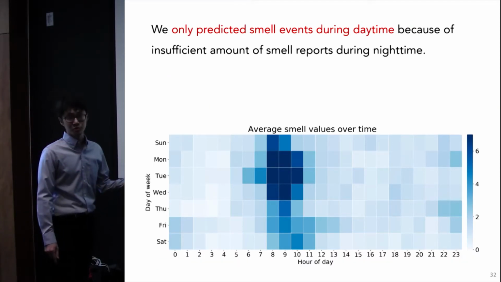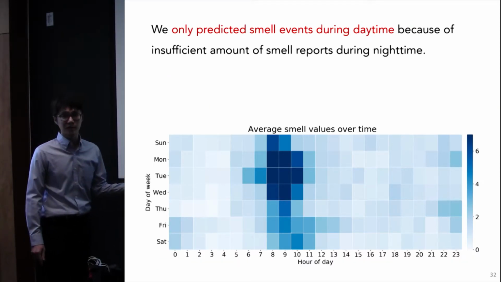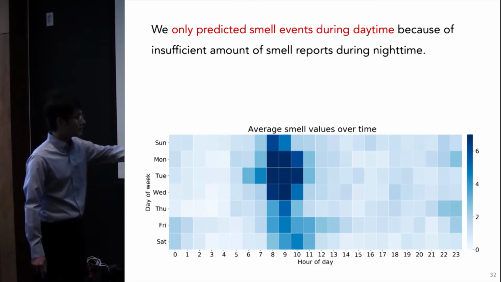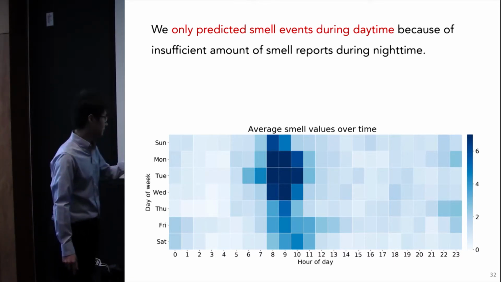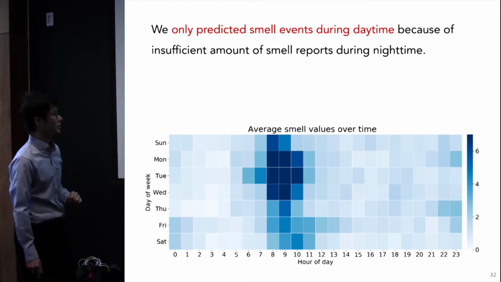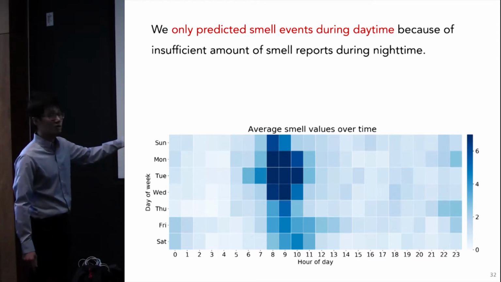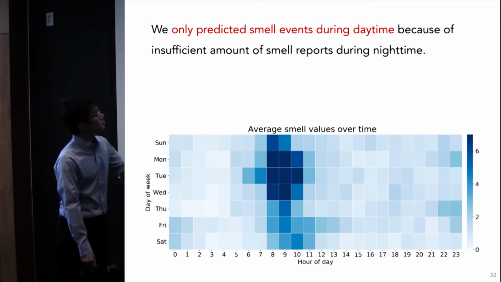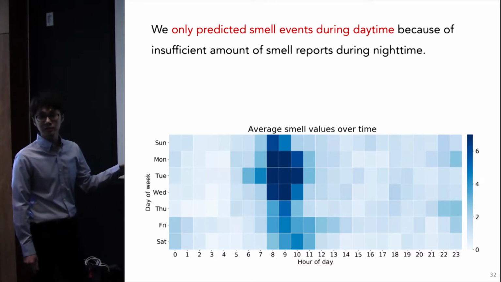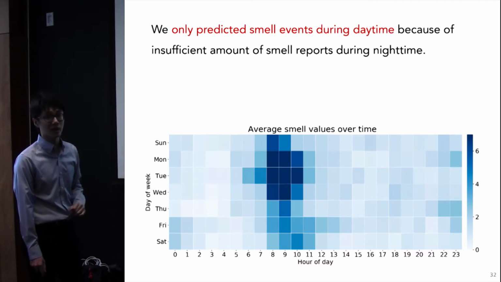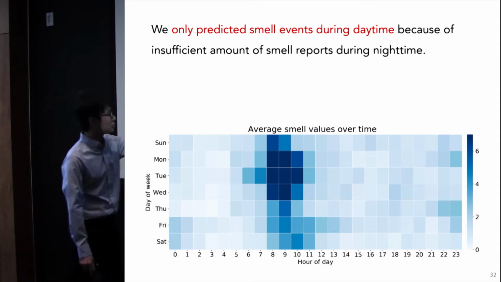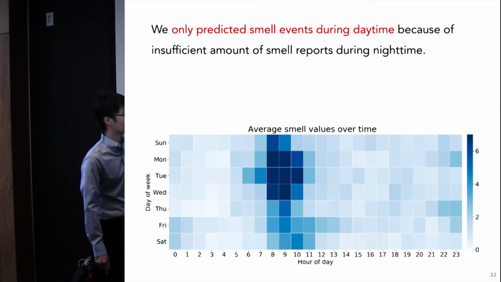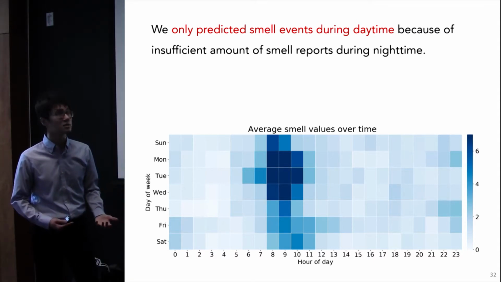And this is the distribution of smell reports over time. The x-axis means the hour of day from 0 to 23. The y-axis means the day of week. We only predict events during the daytime because you can see here there's not really a lot of events at nighttime because people are sleeping.